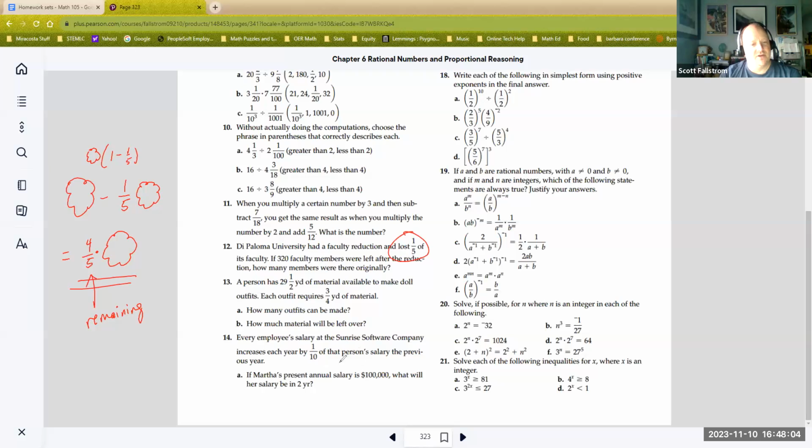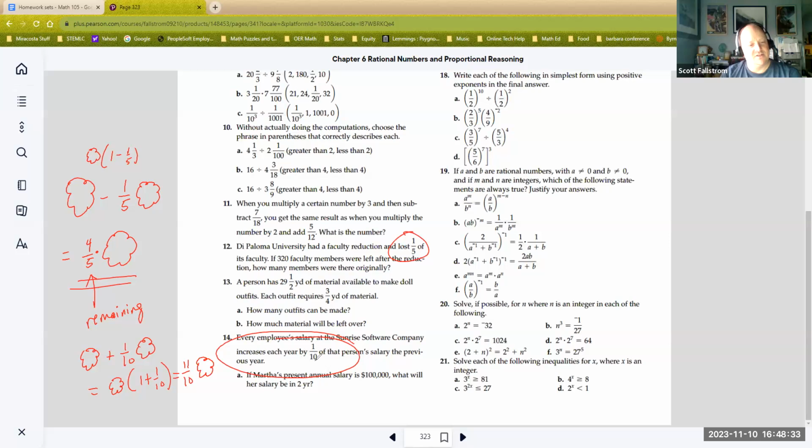And that holds true down here too. In question 14, it says a company increases each year, increases their salary by 1/10 of the previous year. Okay, increases by 1/10. So whatever you started with, I'm going to increase it by 1/10. And if I use that distributive property, I get 1 plus 1/10, which means I end up with 11/10.